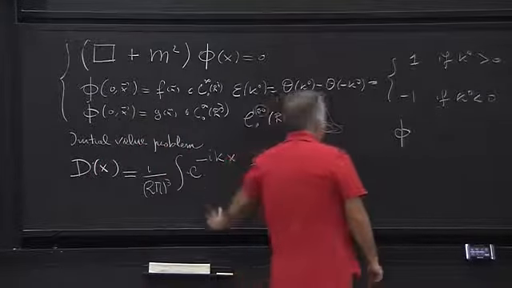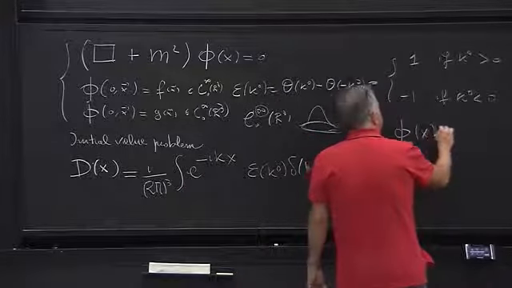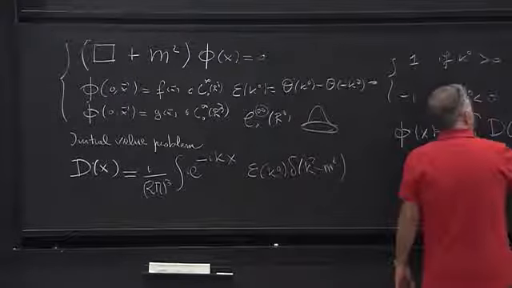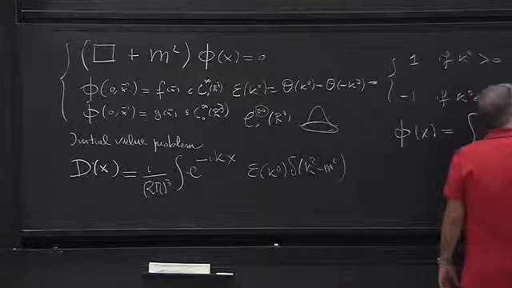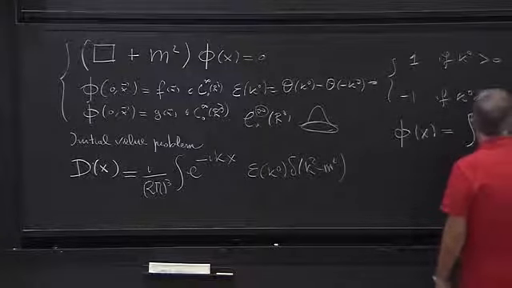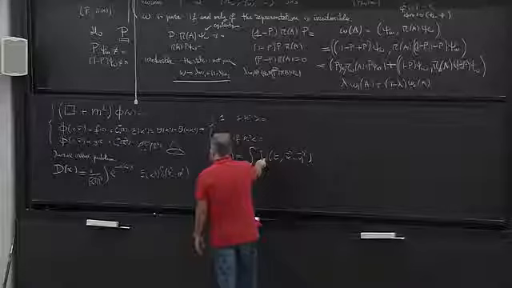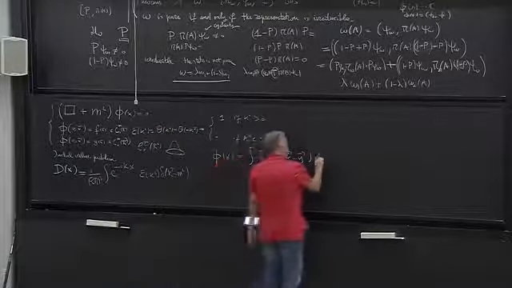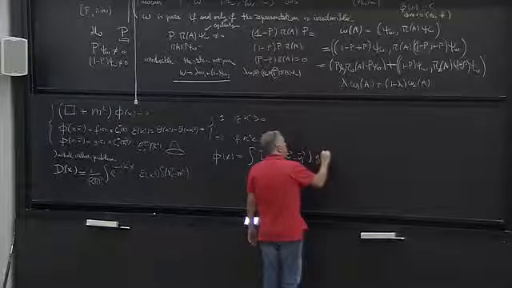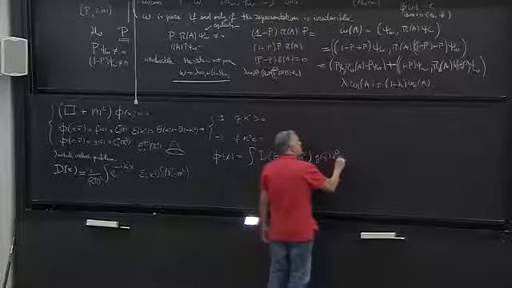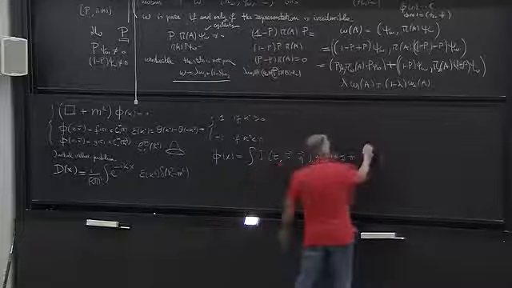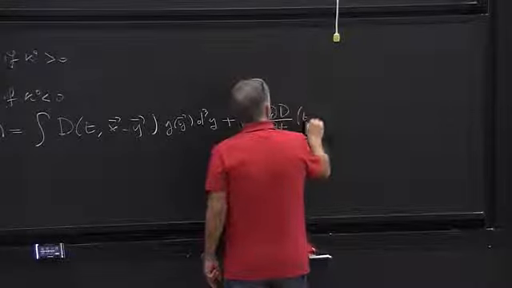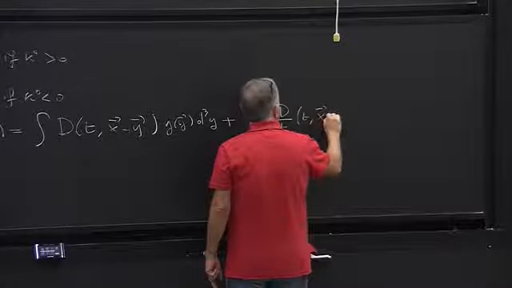So using the Pauli-Jordan function, you write the solution this way, as a three-dimensional convolution. You convolve the Pauli-Jordan function with the g function, and the time derivative of the Pauli-Jordan function with the function itself.